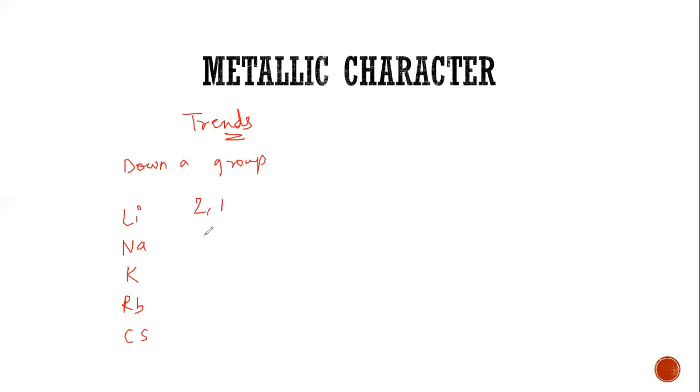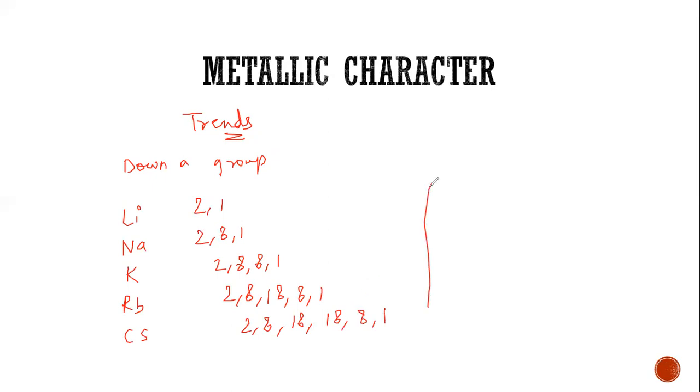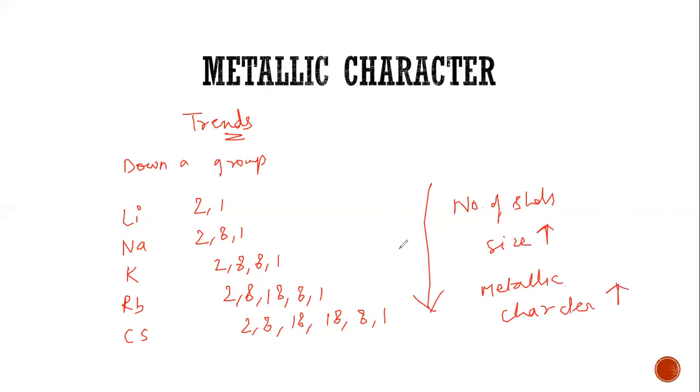So it is 2,1; 2,8,1; 2,8,8,1; 2,8,18,8,1; and further 2,8,18,18,8,1. Here you can see that when we are moving down a group, the number of shells increases, it means size increases, then metallic character also increases.